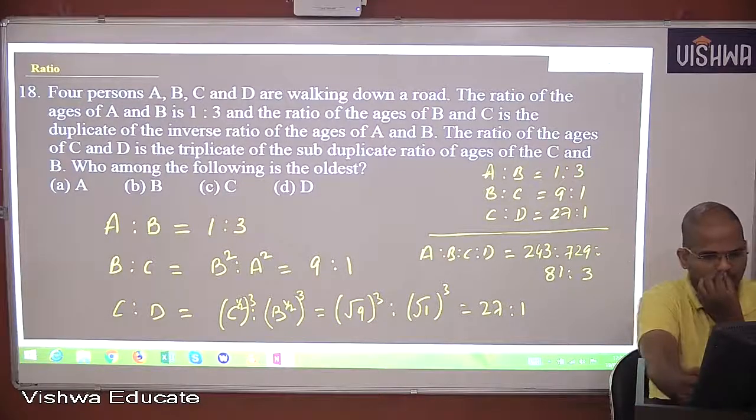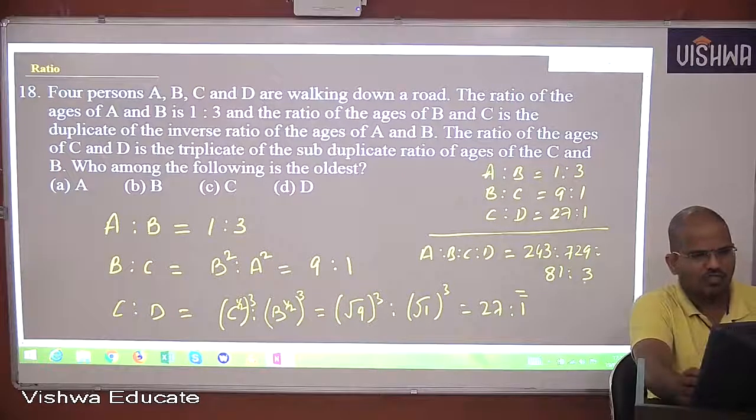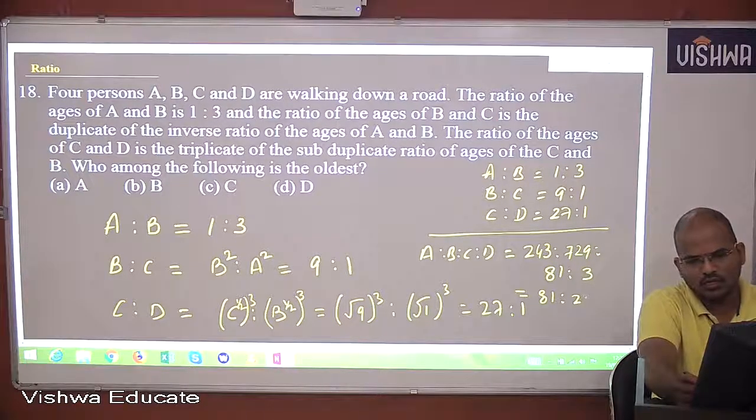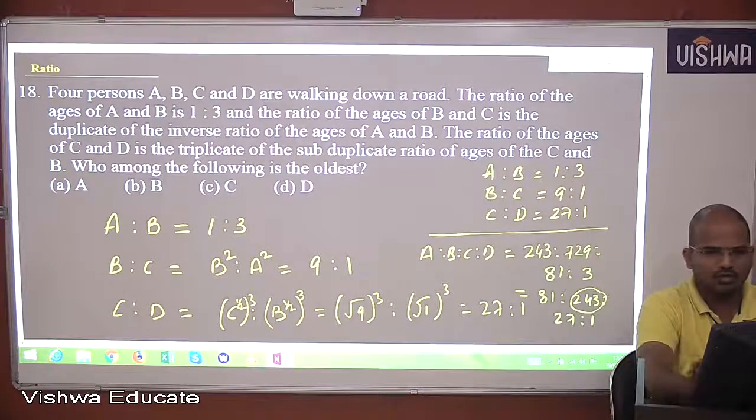So that is 3 81, 3 243, 27, 3 ones. So who is the oldest? B is the oldest.